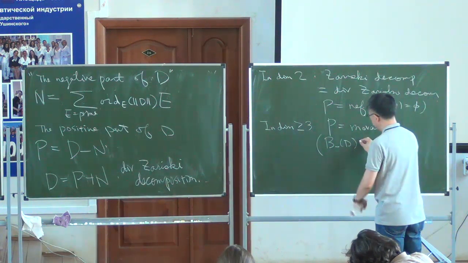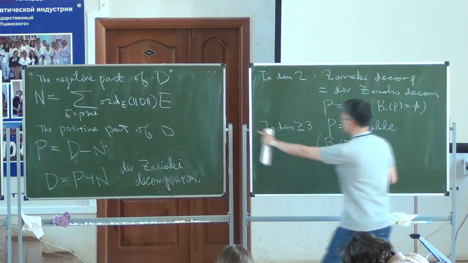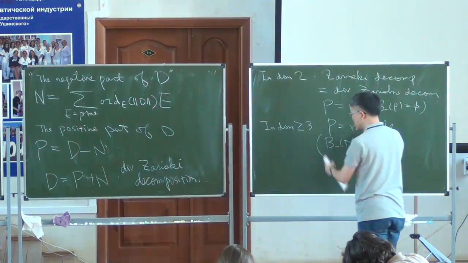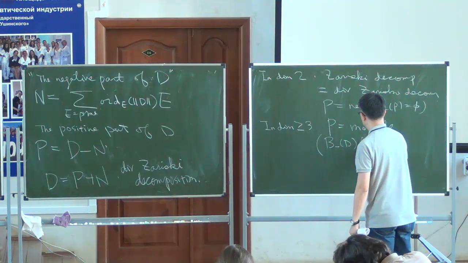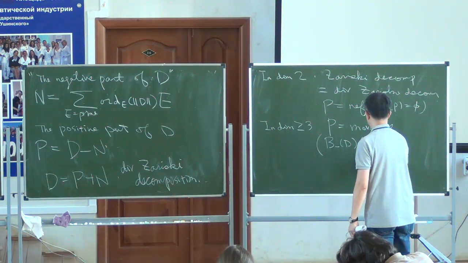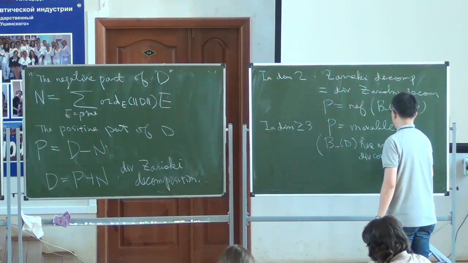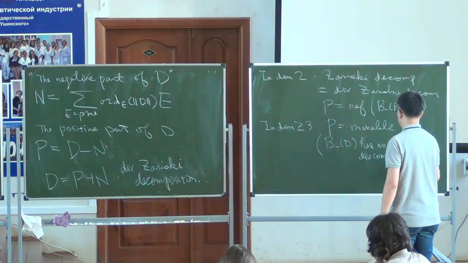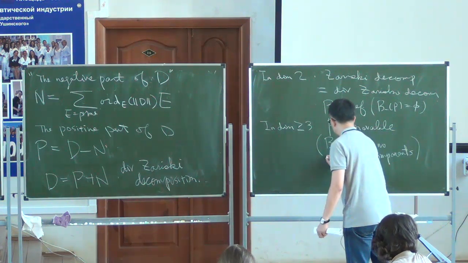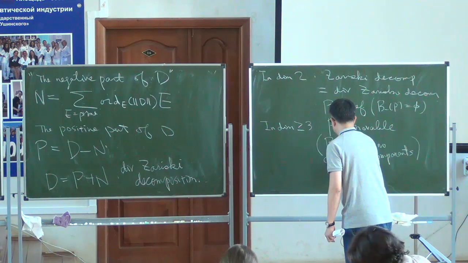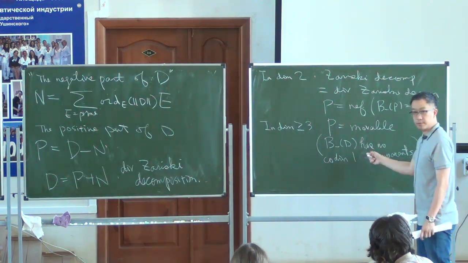But in this case, what this does is you extract all the divisorial components, so it has no divisorial component. Divisorial means codimension one component. Okay. This is called the movable.